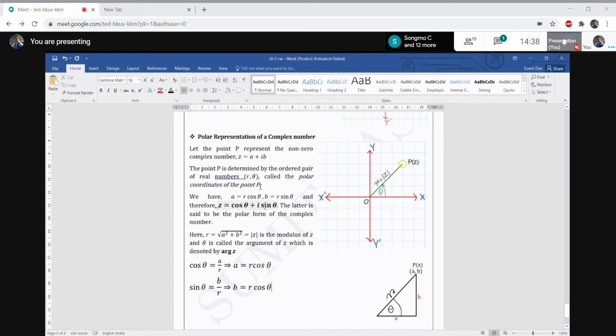This is the polar form of the complex number. This is the polar form of the complex number.